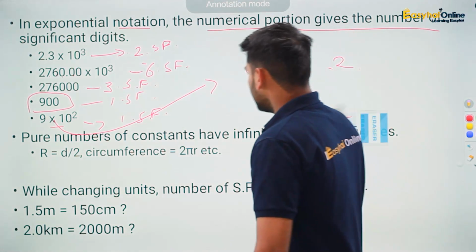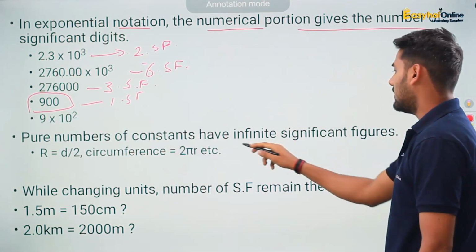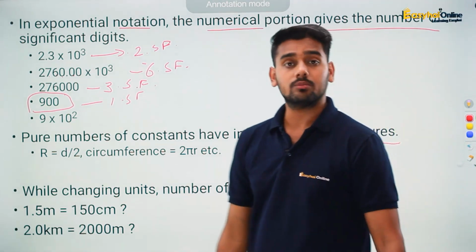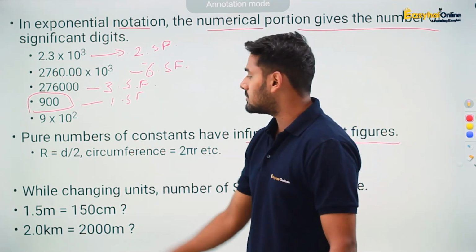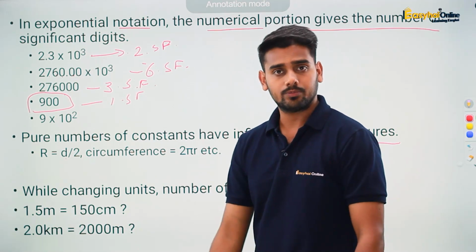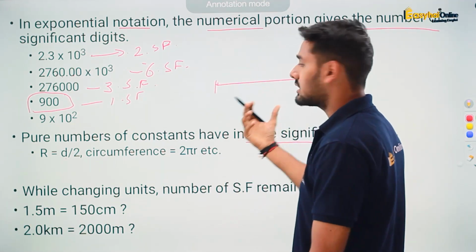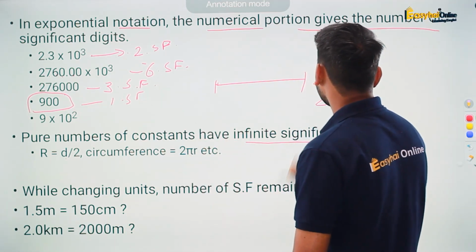Now let us look at the next rule, which is pure numbers or constants have infinite significant figures. What I mean by that is, for example, here radius is diameter divided by 2. Whatever diameter you calculate will have some significant figures, but the overall value is getting divided by half.